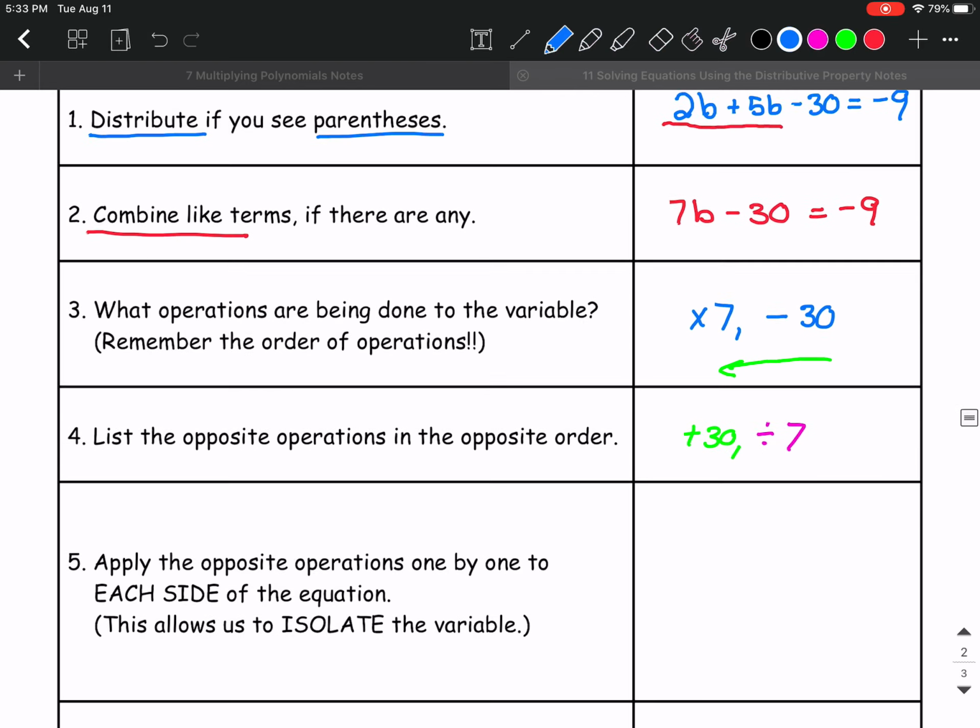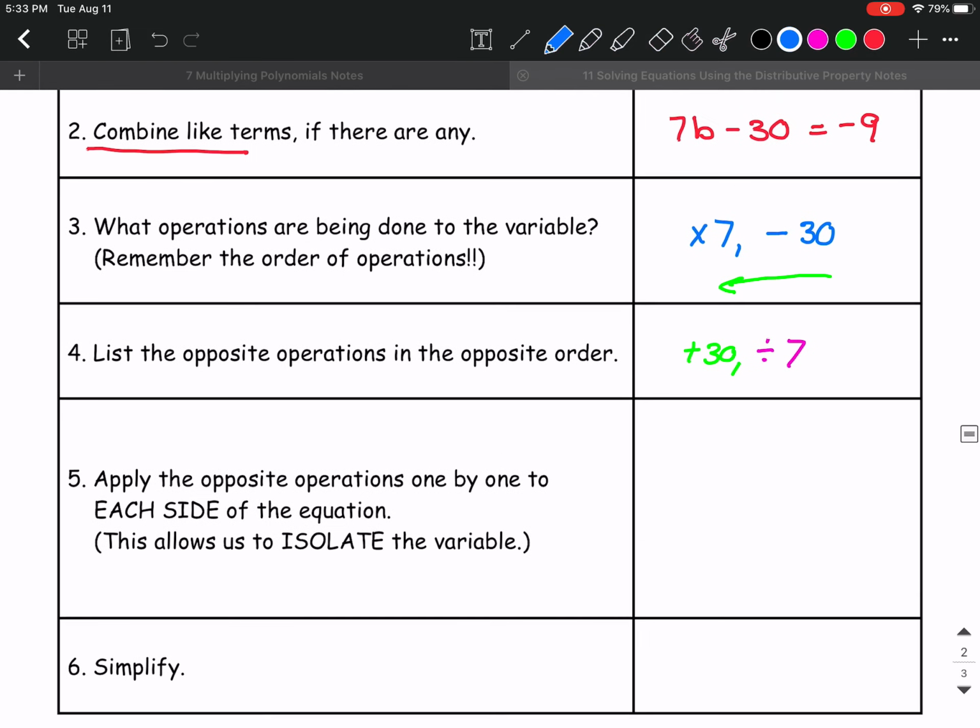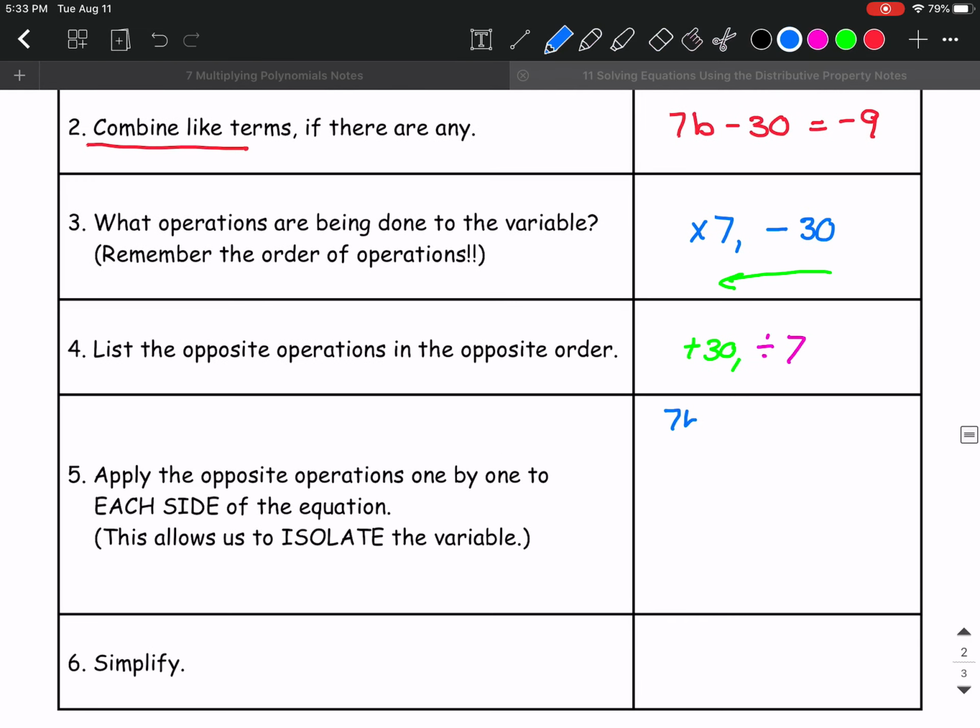So I'm going to bring my equation back down here. Whoops, where'd it go? 7b minus 30 equals negative 9. This way we have it to work with. If we do the opposite operations in the opposite order, we add 30 to both sides. Here they're going to add to 0, so we're left with 7b on the left-hand side. Negative 9 plus 30 is positive 21.